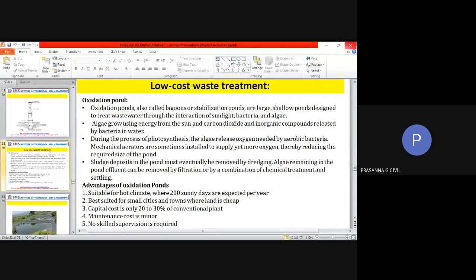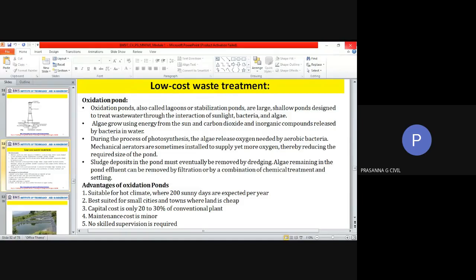So that's why they are kept shallow. And about the sunlight, what you said, the UV component of sunlight is definitely beneficial in disinfecting the liquid in terms of pathogen content.